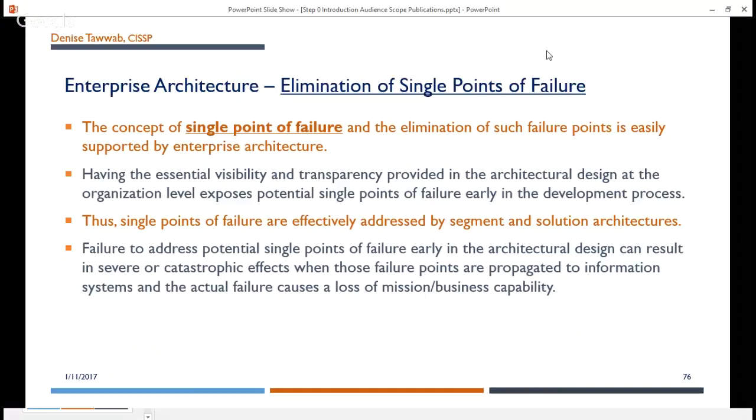Thus, your single points of failure can be effectively addressed by segment and solution architectures. Failure to address potential single points of failure early in the architectural design can result in severe or catastrophic effects when those failure points are propagated to information systems, and then the actual failure causes a loss of business capability. So make sure that you identify and eliminate single points of failure.